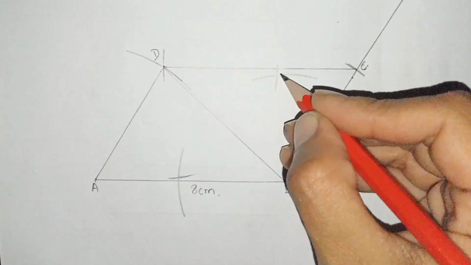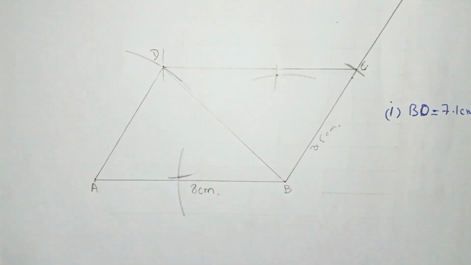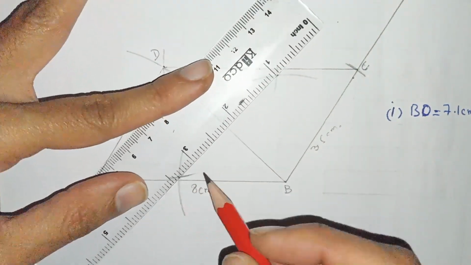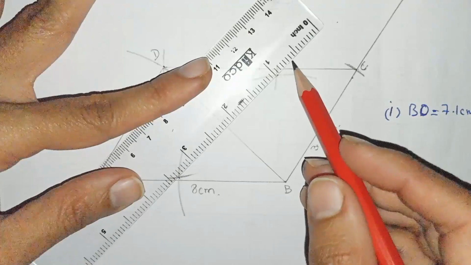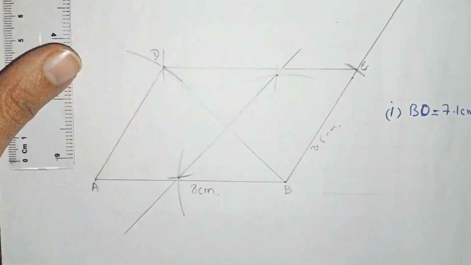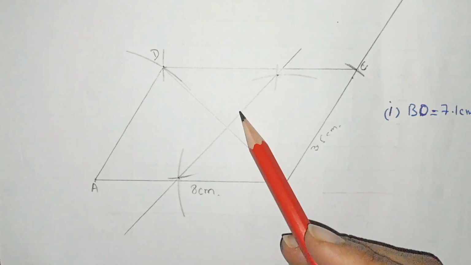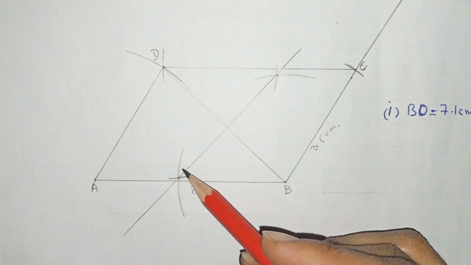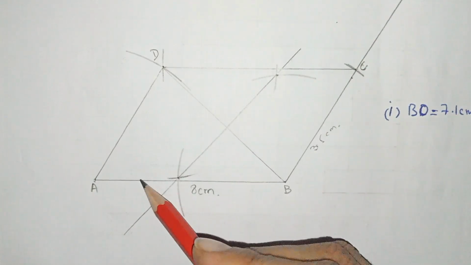Now, this is the perpendicular bisector of line BD. Yes, S and T are the points where the perpendicular bisector of BD cuts AB and DC.